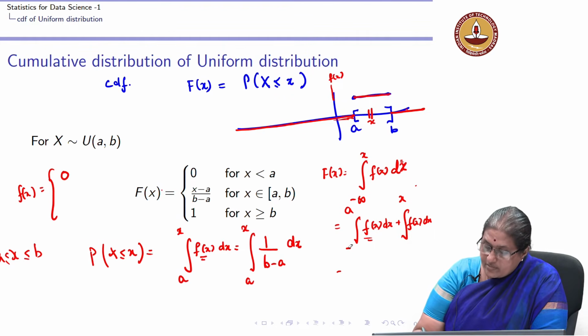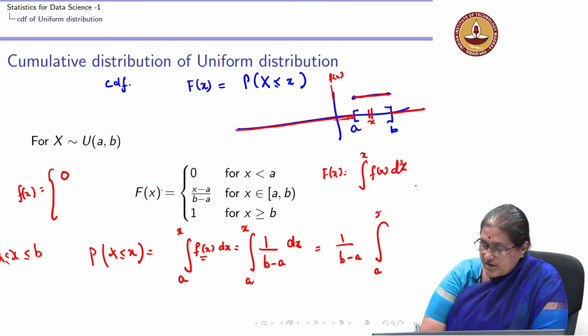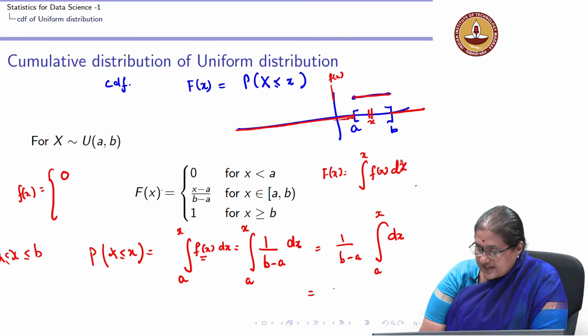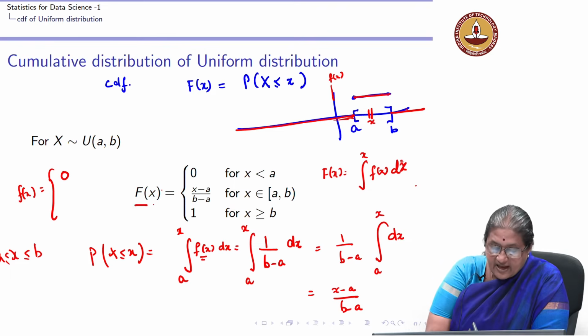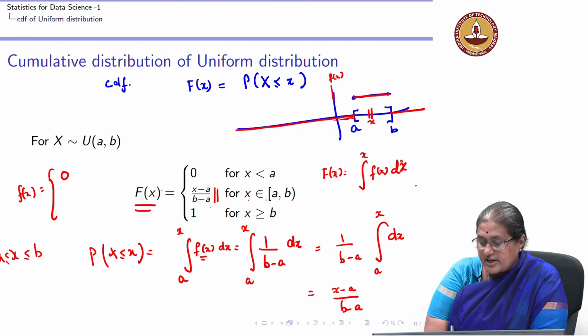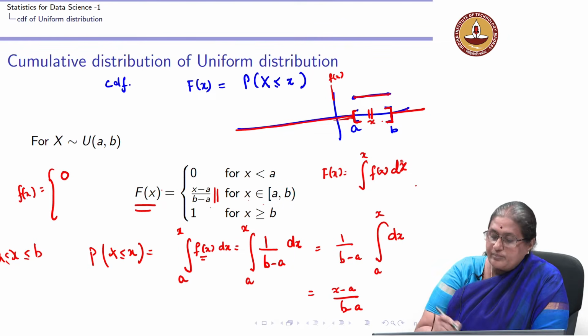Now, this 1 by b minus a is a constant. So, what I can do is take this 1 by b minus a outside, and this becomes the integral from a to x of dx, which I know is nothing but x minus a by b minus a. Hence, I have F of x is x minus a by b minus a for x in the interval a to b.